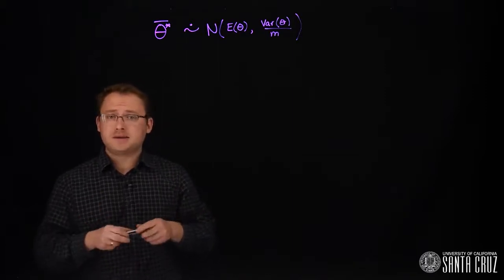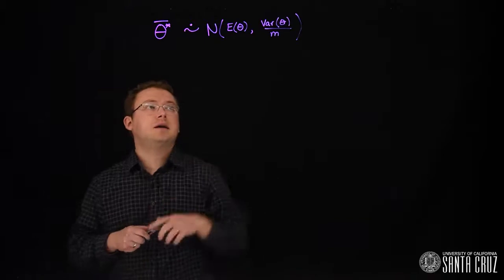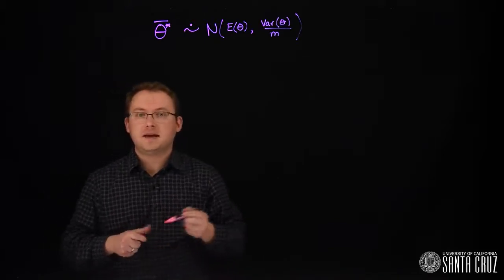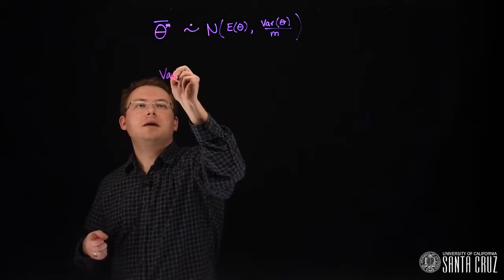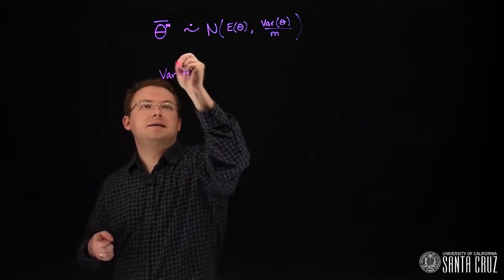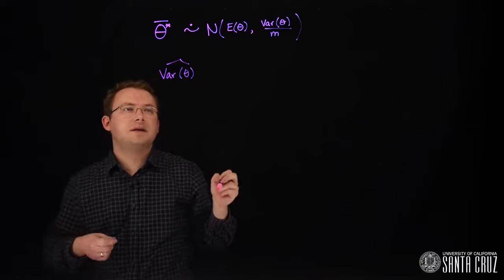One way to approximate the theoretical variance of theta is to replace it with the sample variance. We could calculate the sample variance like this. Let's call it variance hat of theta.